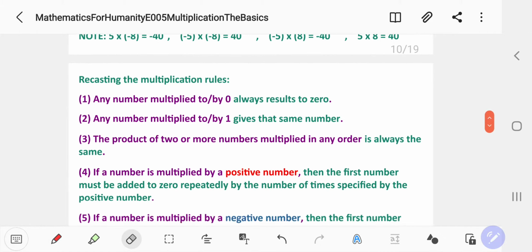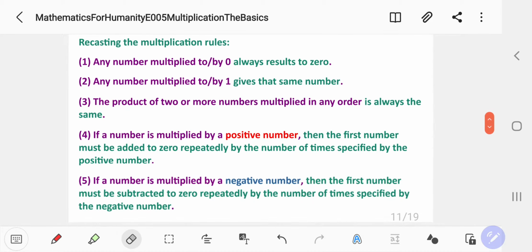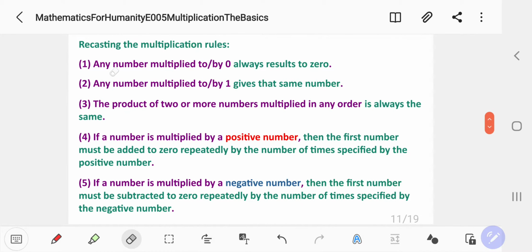So we will now recast the multiplication rules. Any number multiplied to or by 0 always results in 0. That's rule number 1. Any number multiplied by 1 gives that same number. That's rule number 2.